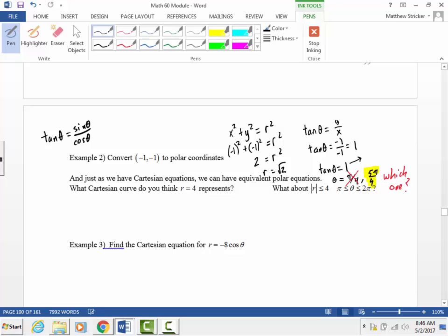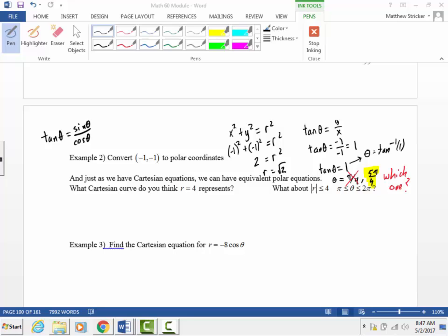We could also say that theta is equal to the inverse tangent of 1, and you can do that with your calculator. Now the calculator, if you're in radians, is going to give you like 0.78 or something like that. It's not going to give you pi over 4.